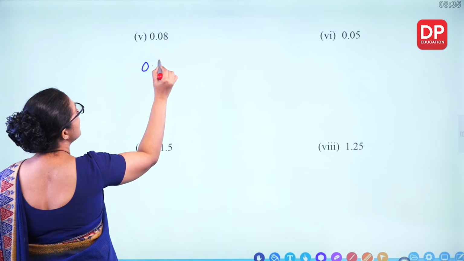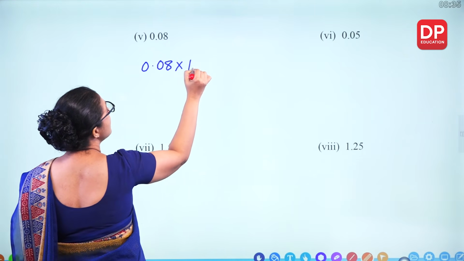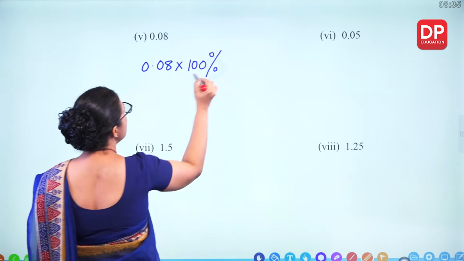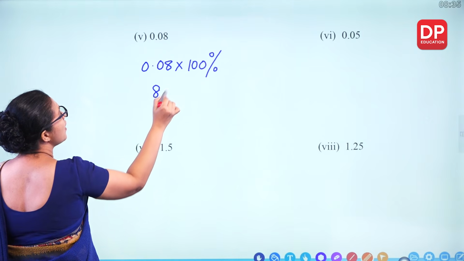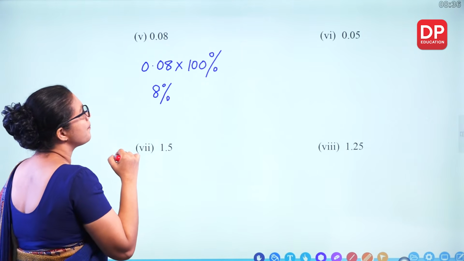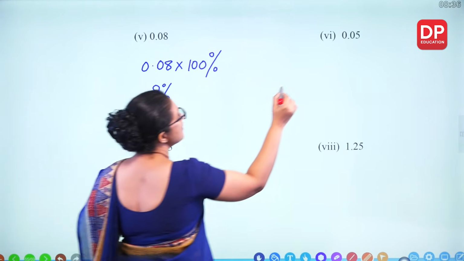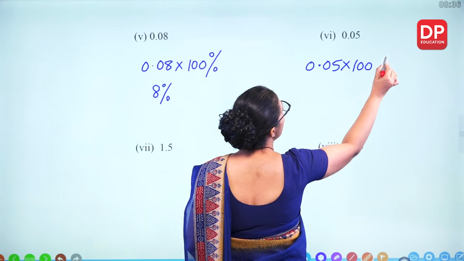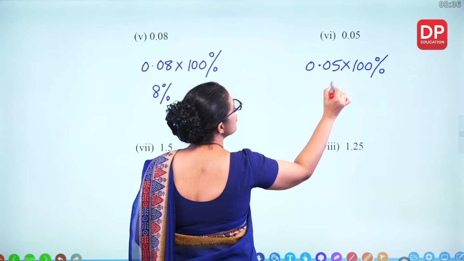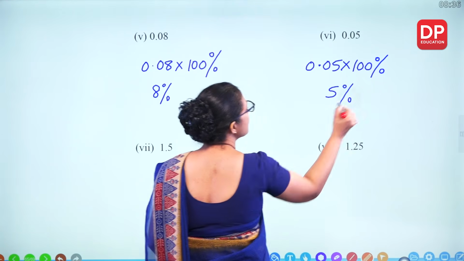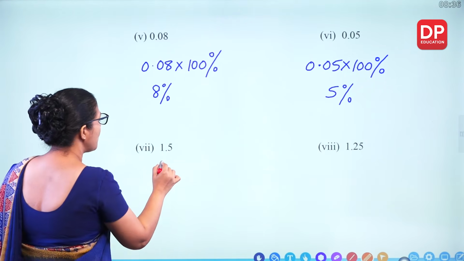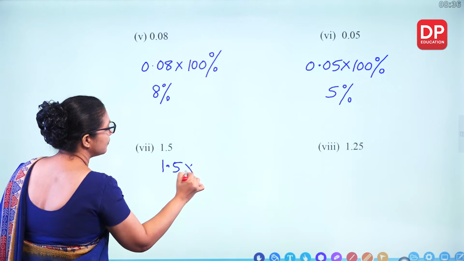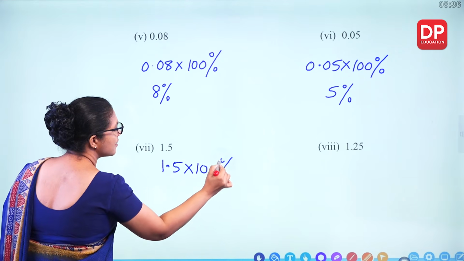0.08 multiply by 100 and make sure that you put the sign. 1, 2, so 8%. And 0.05 multiply by 100. 1, 2, that means 5%. 1.5 multiply by 100.